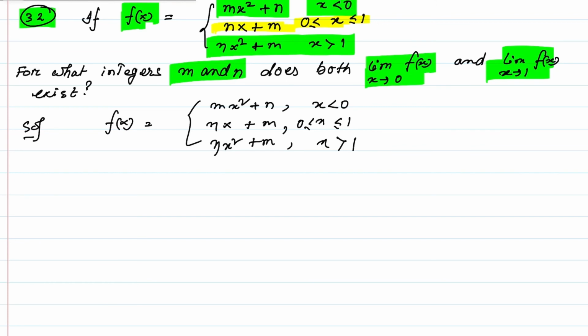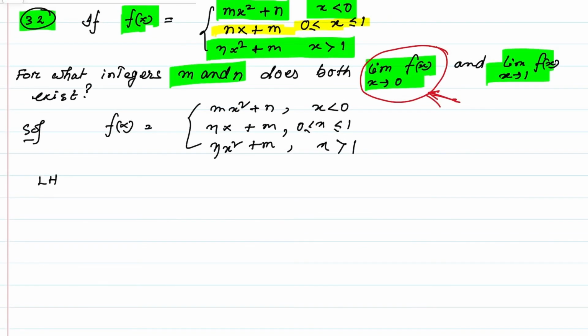So in order to find the limit of f of x as x tends to 0, let us check the existence of this limit. So in order to check that, we need to find the left hand limit and right hand limit.